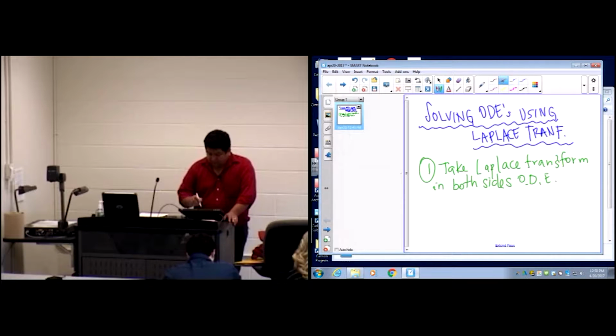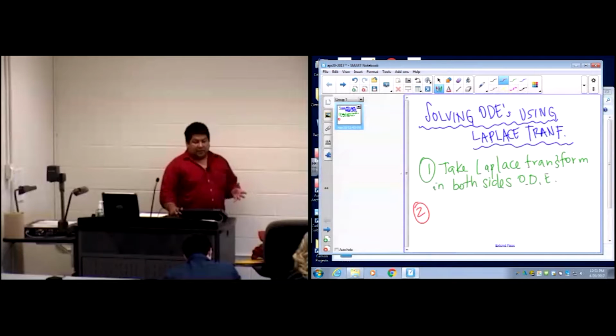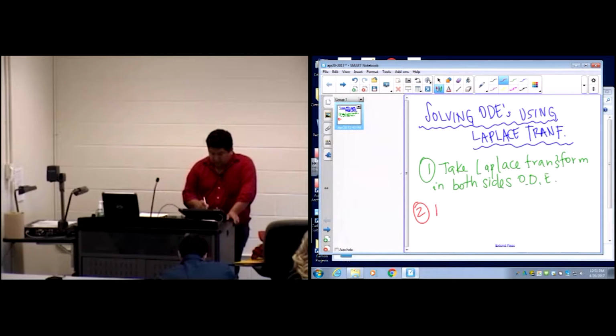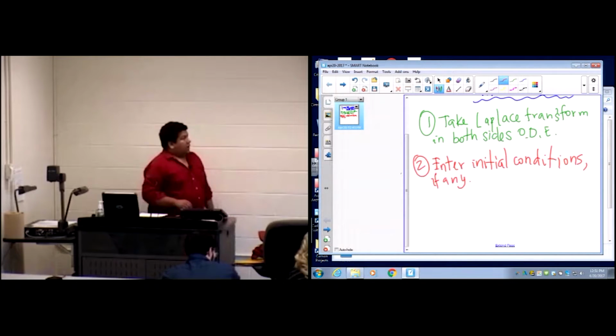Remember, initial conditions may involve the function, the 0th derivative of the function, that means the function itself, or derivatives of order 1, 2, and 3, depending on what is the order of the ODE. Could be that the ODE has order 3, which means the initial conditions would involve the second derivative, first derivative, and the 0th derivative, and so on.